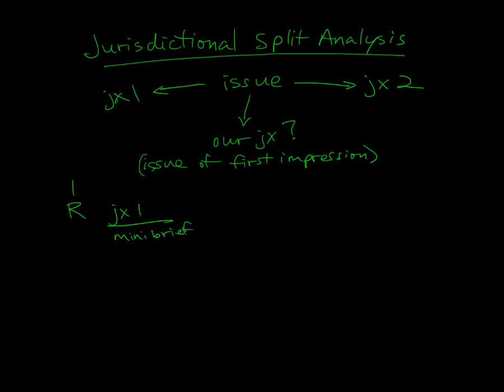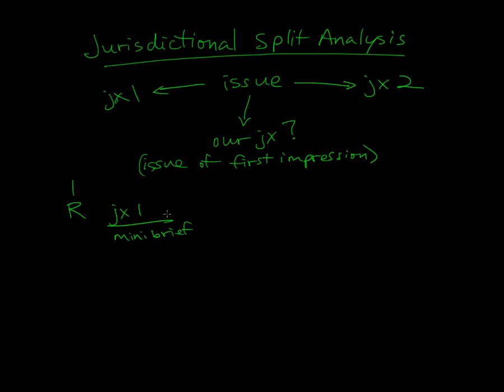We identify the rule in jurisdiction 1, and we explain the reasoning behind it. We explain by giving an example, a situation that demonstrates how jurisdiction 1 applied that rule. We mini-brief a case from jurisdiction 1. This is just like what we did when we were IRACing with cases.